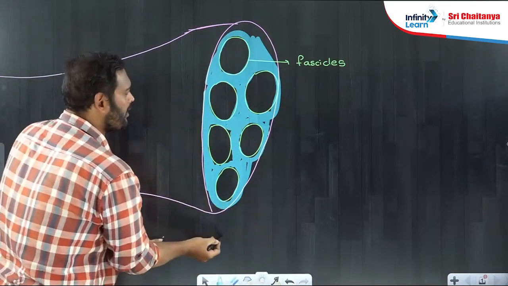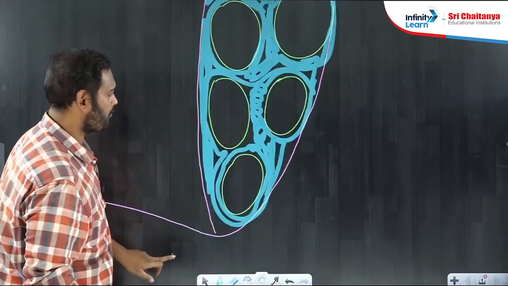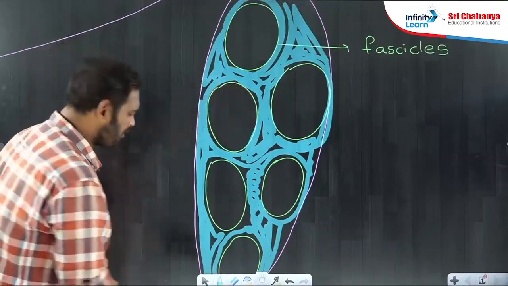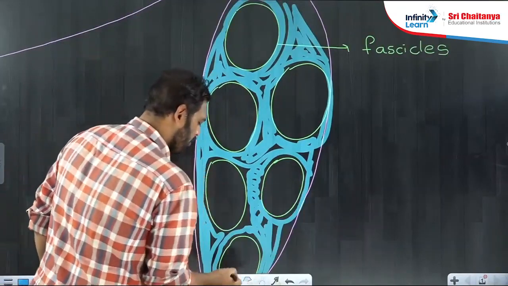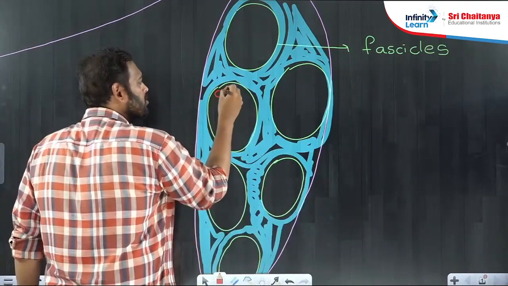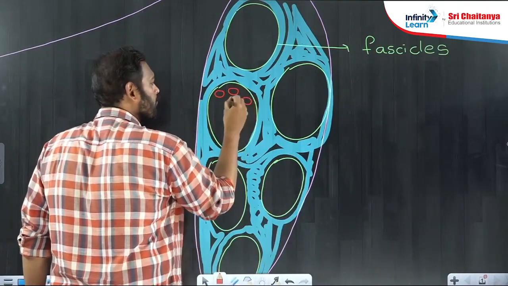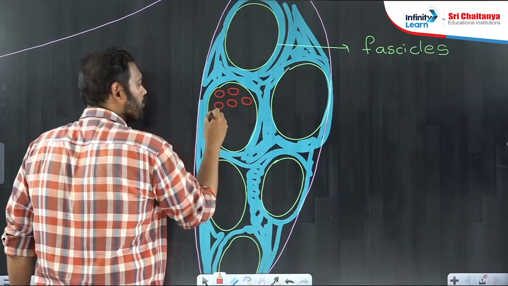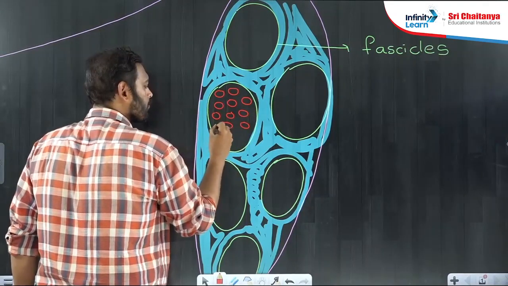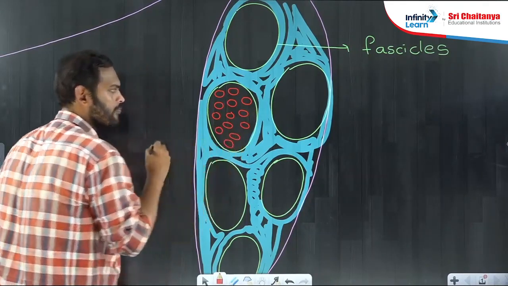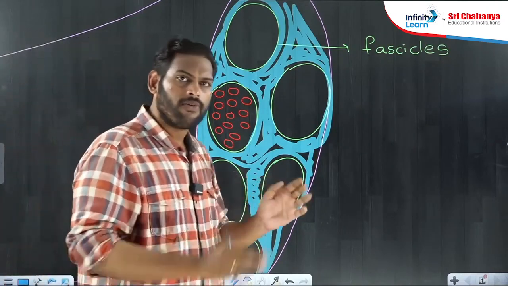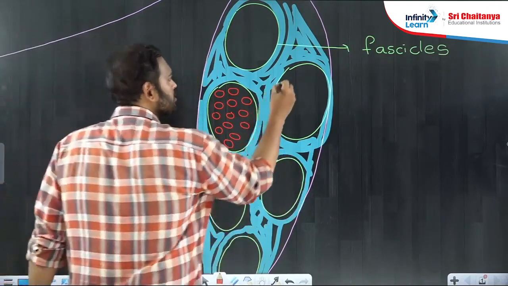Now inside each fascicle, if you zoom in again, you can see many muscle fibers like this. So each fascicle consists of many muscle fibers.